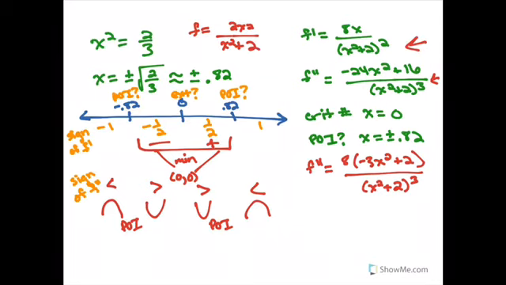Okay, so those occur at negative square root of 2/3 and square root of 2/3.